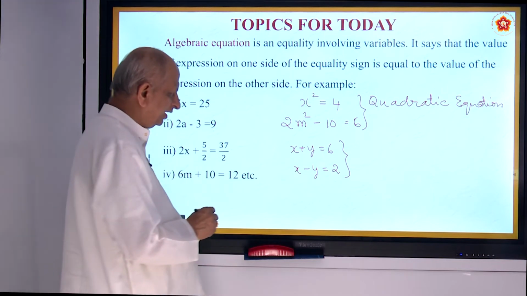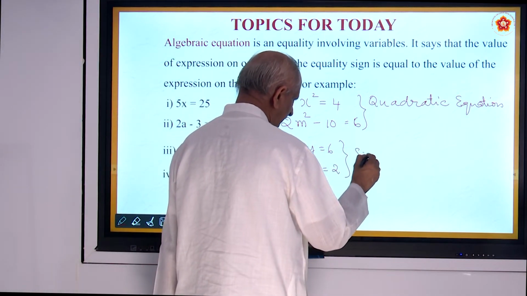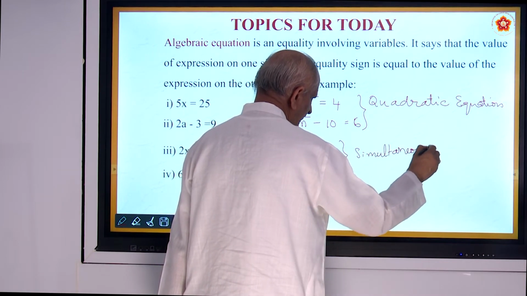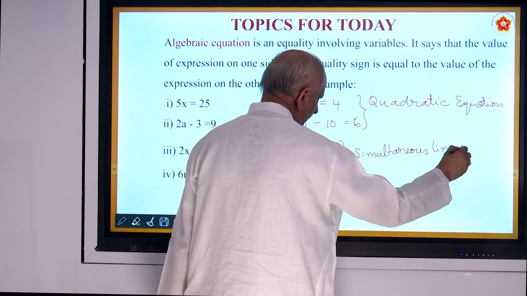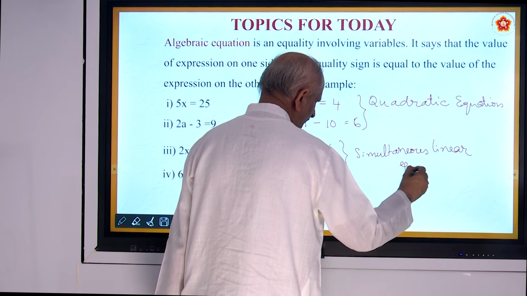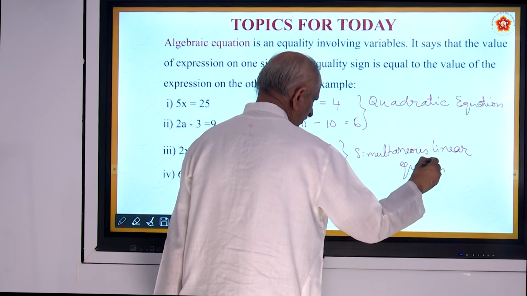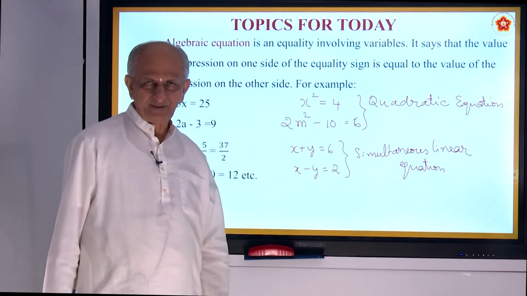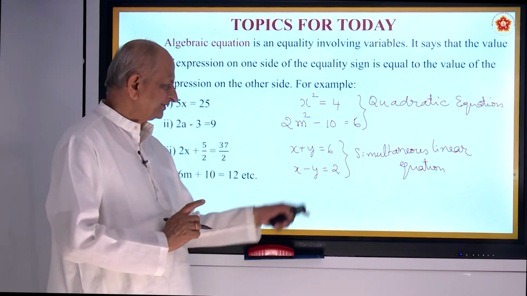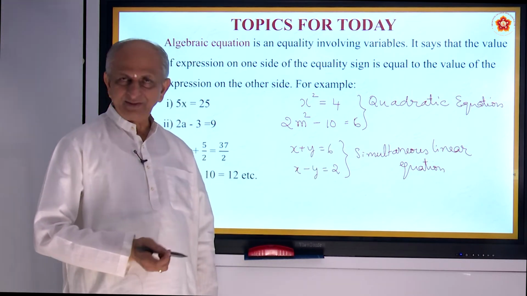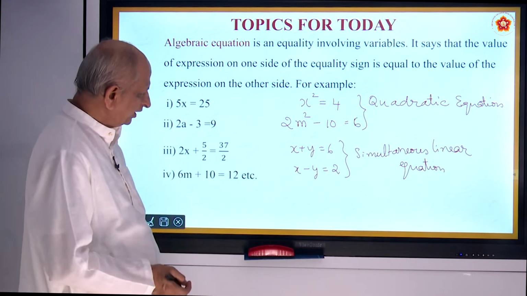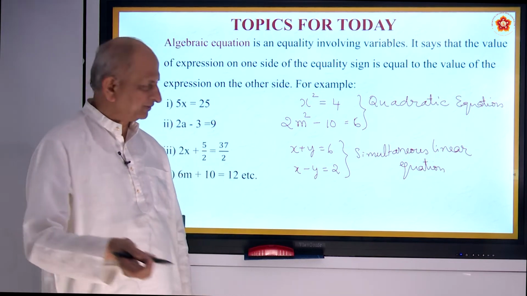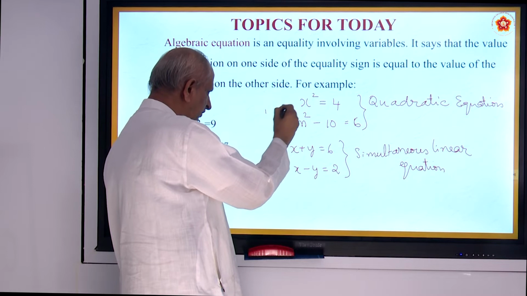So this is called simultaneous equations, because you can solve them together. When there are 2 variables of 1 degree, we call it simultaneous linear equations, or also linear equations of 2 unknowns, that you are going to study next.